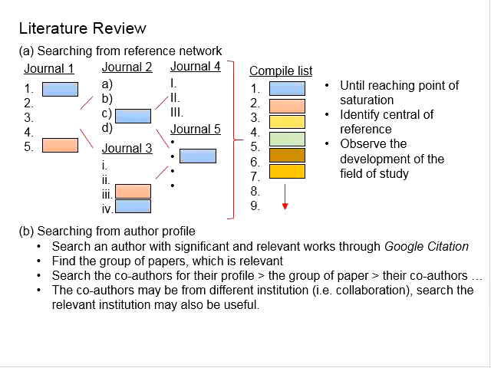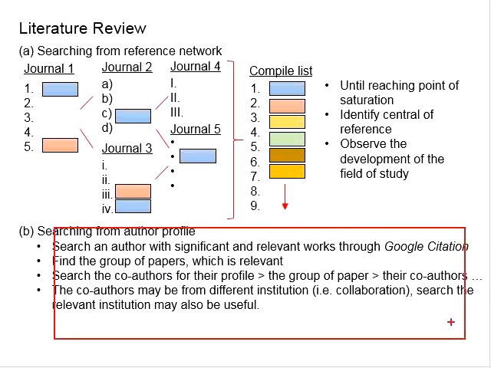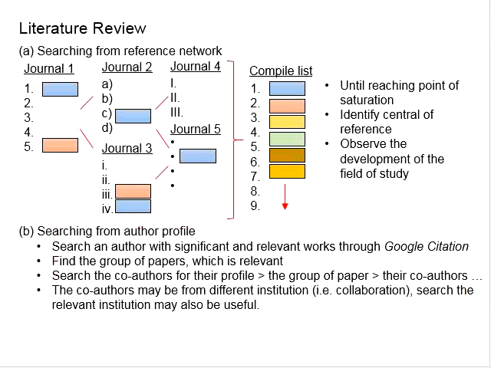It is also noted that the co-authors may also be from different institutions due to the collaborations between the institutions. Therefore, you might want to search the relevant institutions also for their relevant colleagues who are also participating in the relevant field of study. Again, this process will stop when you reach a point of saturation.